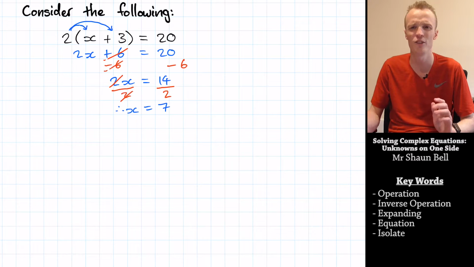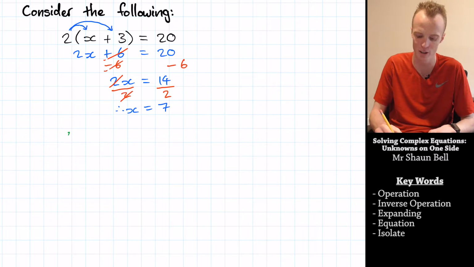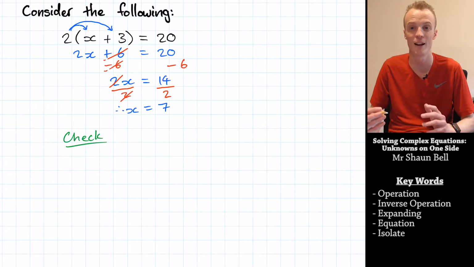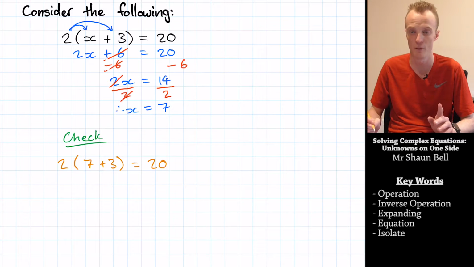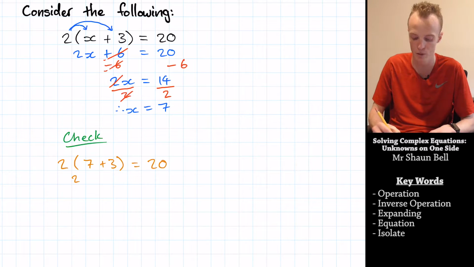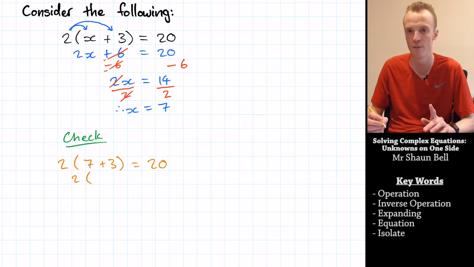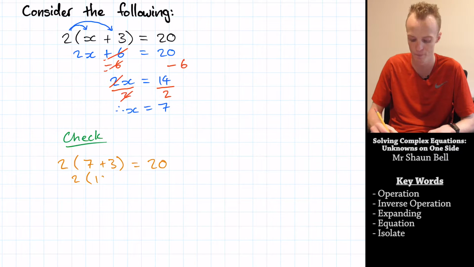Of course, we can check our answers by performing our check step with substitution. So if we substitute our x value back in, we'll get 2 times 7 plus 3, which is equal to 20. Of course, we've got to solve the brackets first. So this is going to be equal to 2 times 7 plus 3, which is 10.